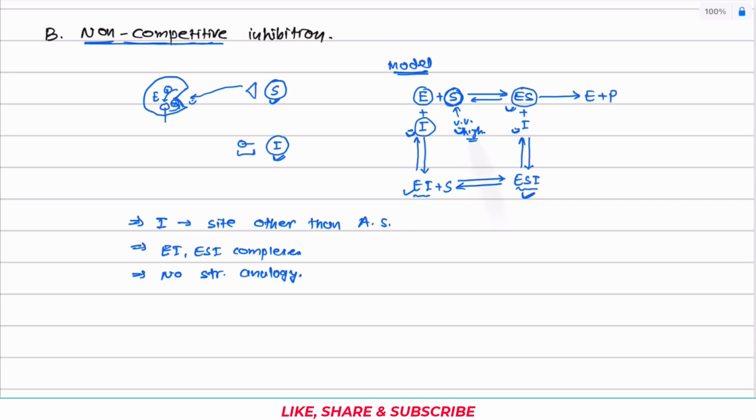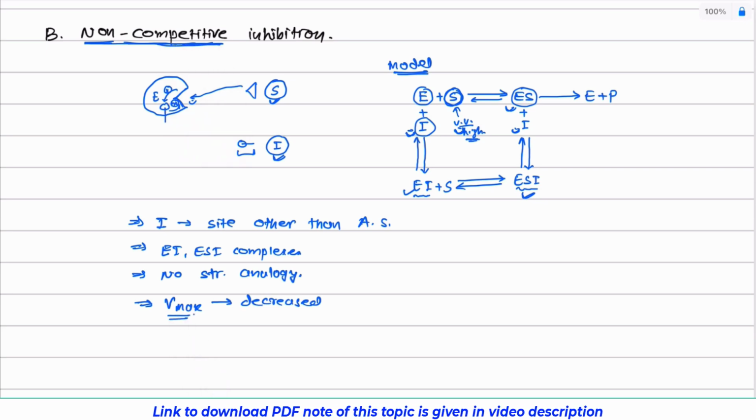So unlike competitive inhibition, at very high substrate concentration, we cannot achieve maximum velocity. So the very important thing is that Vmax, the maximum velocity, is going to be decreased by non-competitive inhibition. You can compare it with competitive inhibition. In competitive inhibition, Vmax remains unchanged, right?